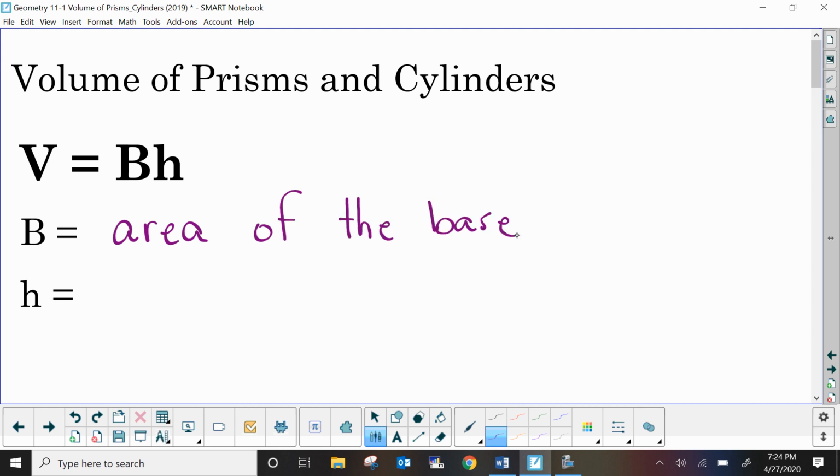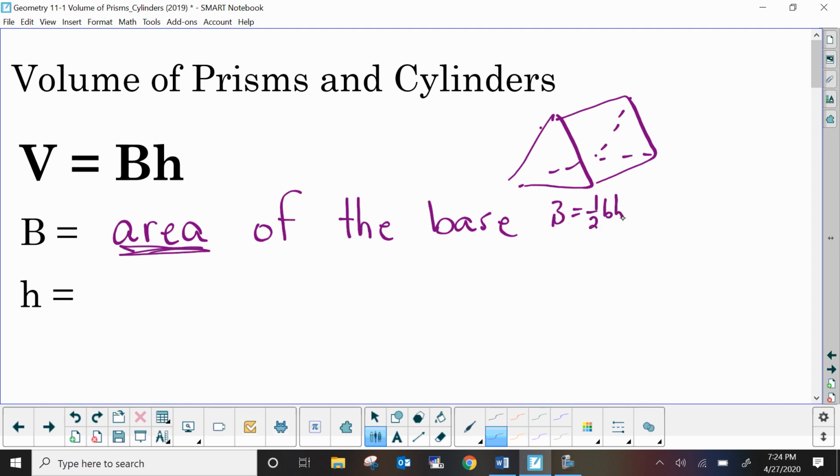Okay, now remember these prisms and cylinders, they have different shapes for their base, which means this formula, area of the base, will change. If you have a triangular prism, your capital B is equal to 1/2 base times height of the triangle.